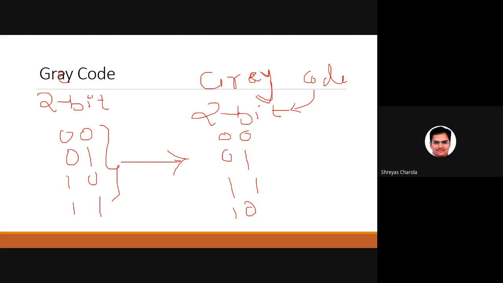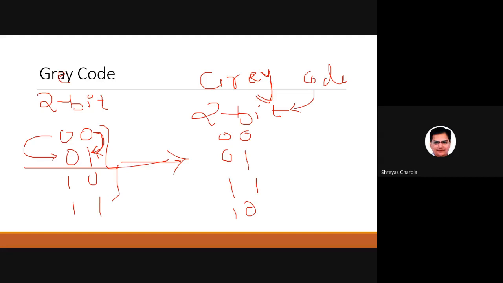The reason is, look over here, suppose this sequence is being created in transistors. When the sequence goes from 00 to 01, one transistor needs to switch on and the other transistor should remain in the same state.